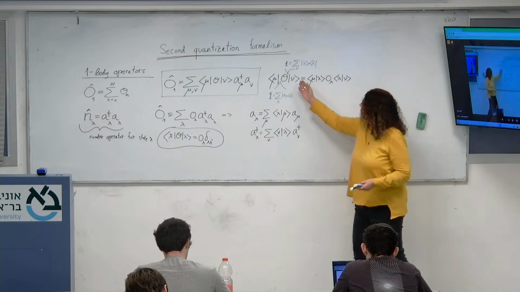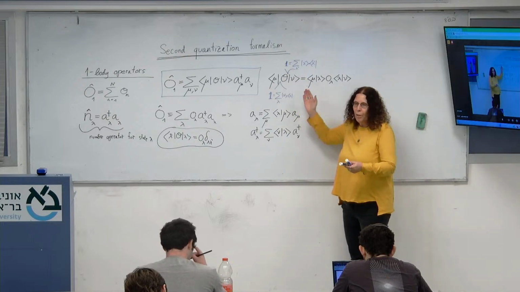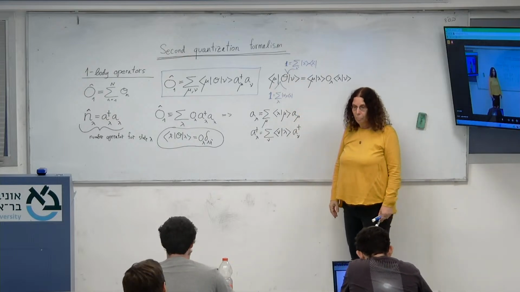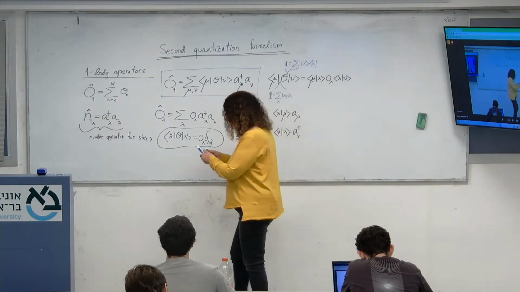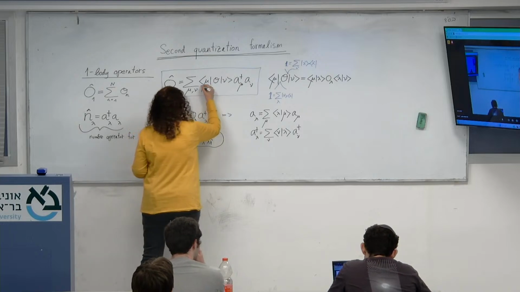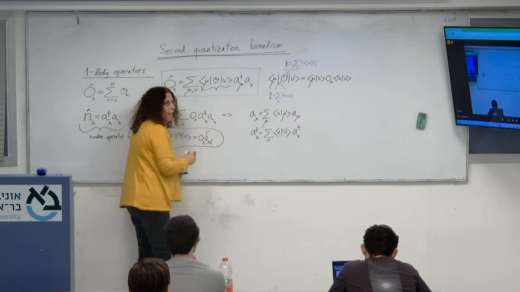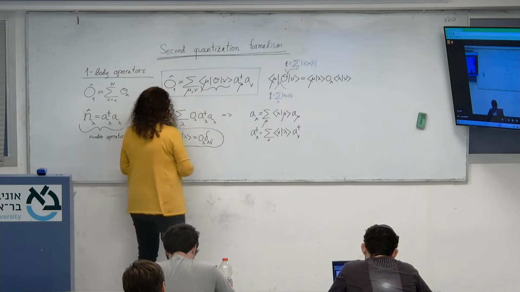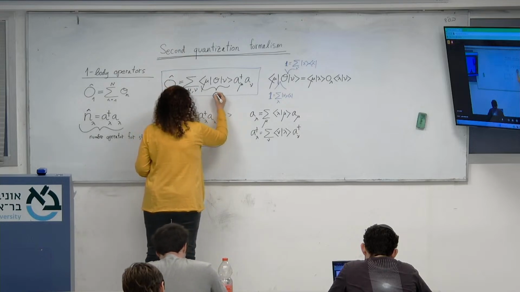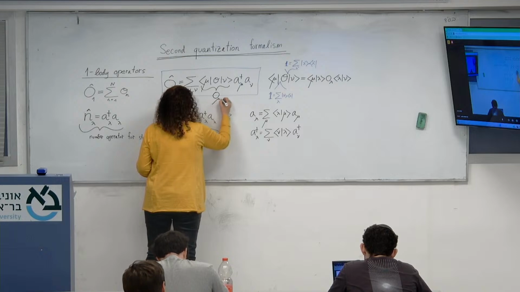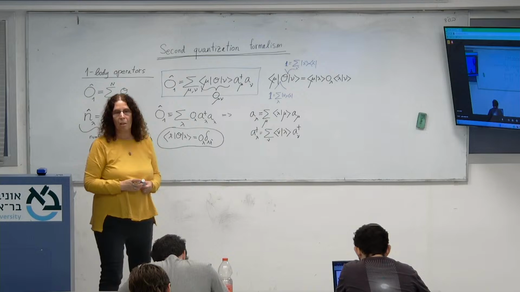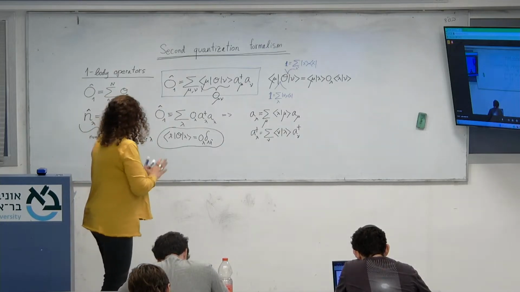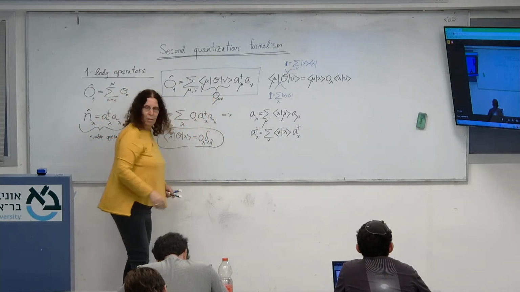So that's a matrix element. It depends on 2 indices. If you don't like the bracket notation, it is conventional to write it as O mu nu. You can also write it like this, but in any way, it's a matrix element.